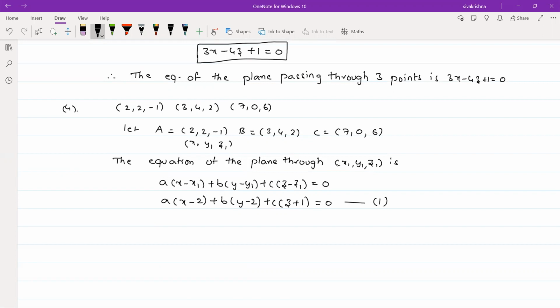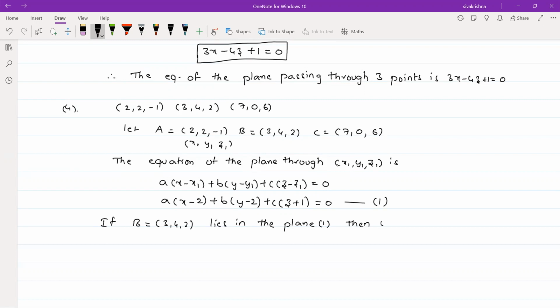So in this equation we have to find the values of A comma B comma C. After finding the values of A comma B comma C, if we substitute them in this particular equation, then we get the required plane equation. Okay, so next, since B is a point, suppose that the point B, 3 comma 4 comma 2, lies in the plane equation 1.